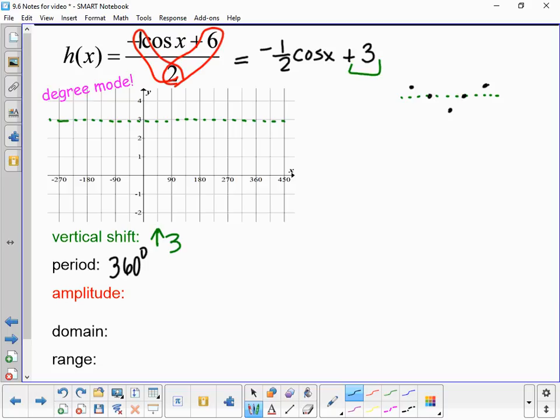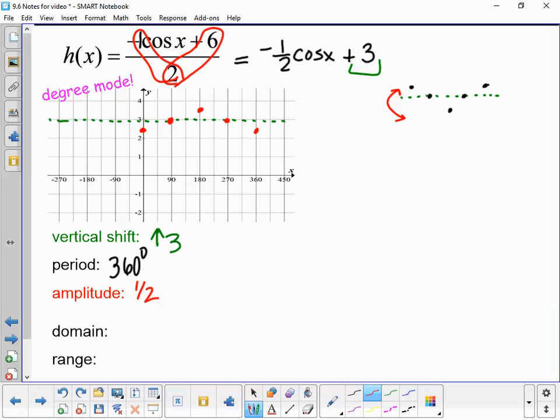So I need to use the amplitude right away. So the amplitude of this function is 1/2. The negative tells me start below, end below. So we are starting at our min. And then halfway in between, it's going to go above. So we're kind of flipping this pattern over. And then it will be on its midline.